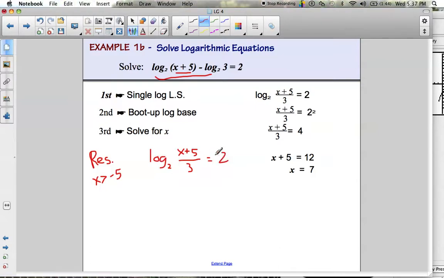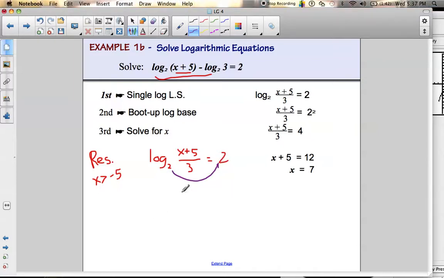What we're going to do now is boot up. Because we don't want a log, we want to get rid of the log. So we're going to take this 2, this is our ball, and boot that guy up.